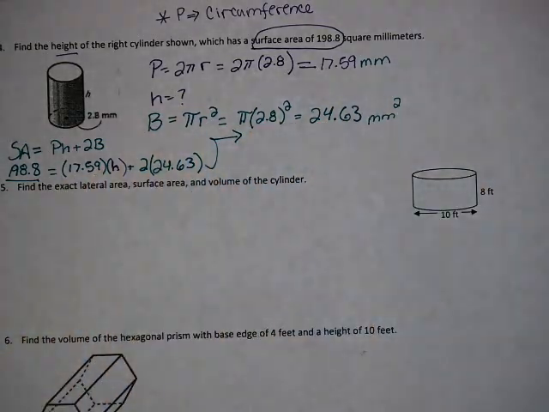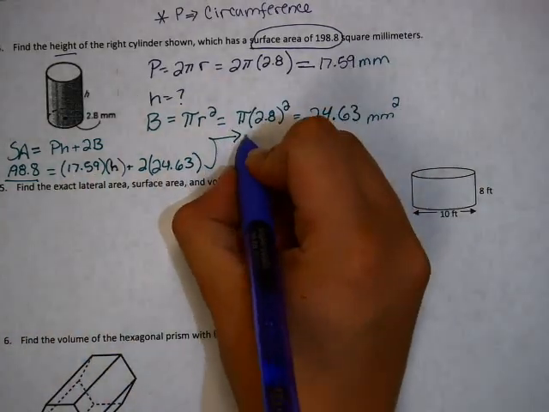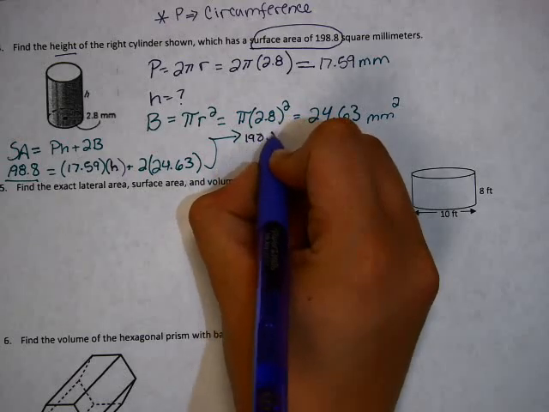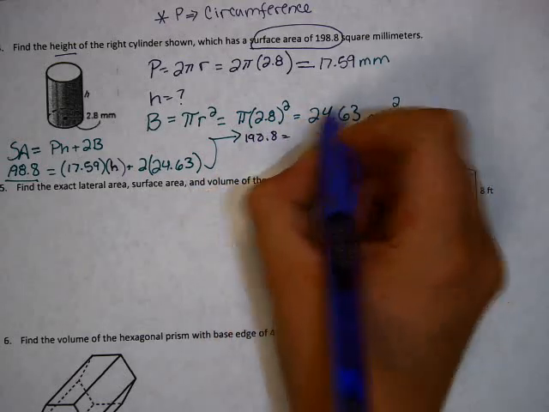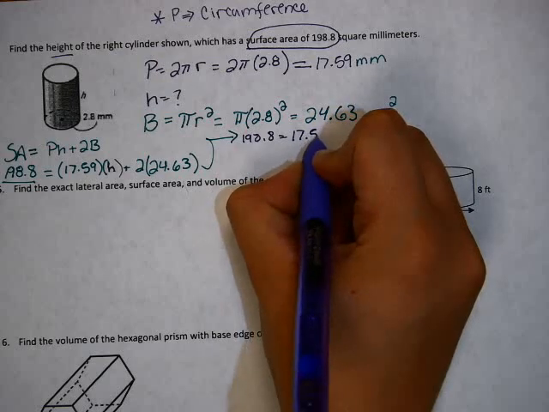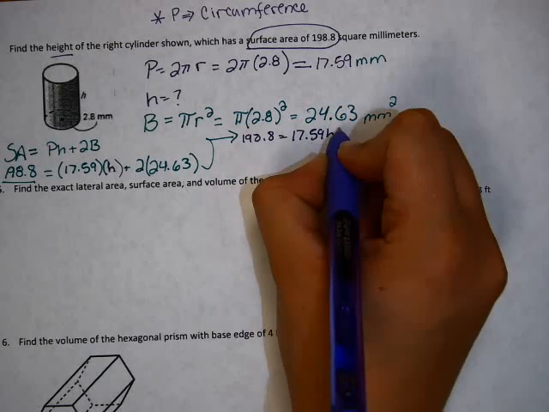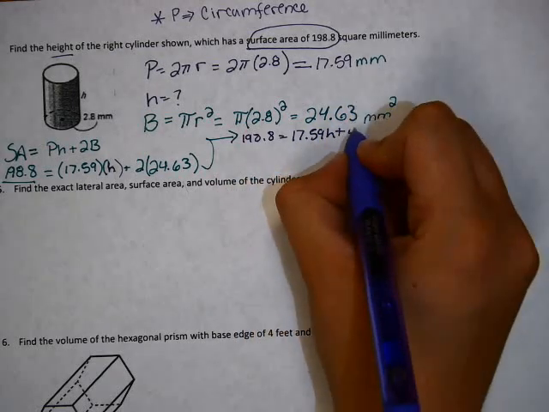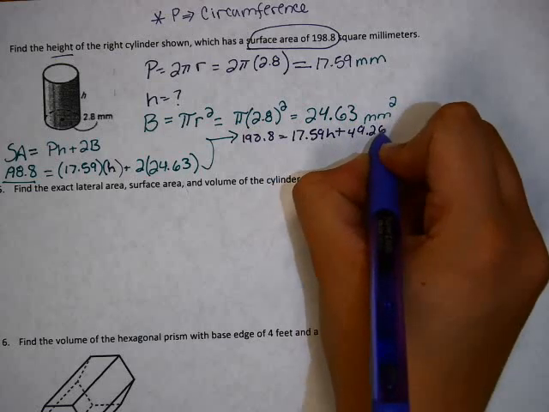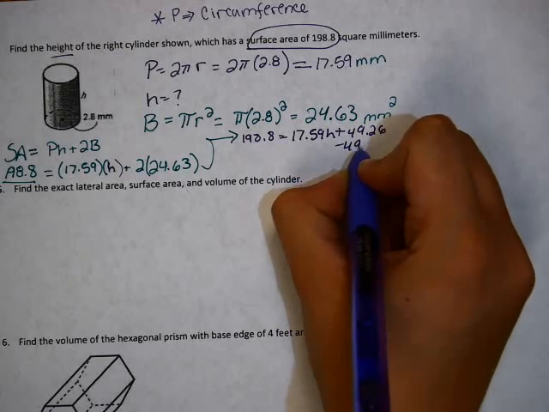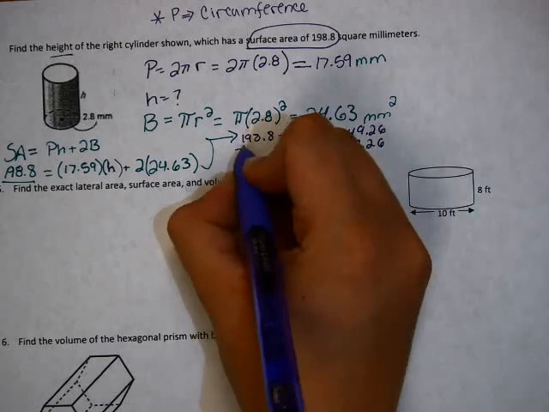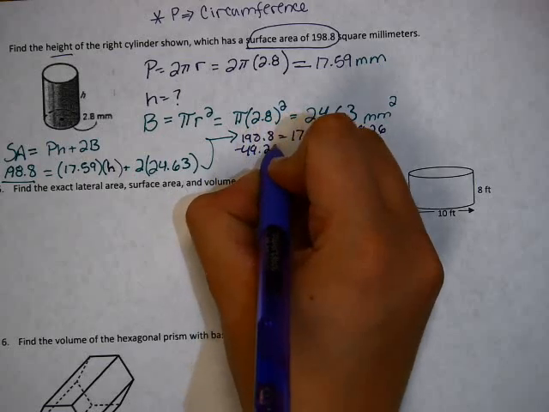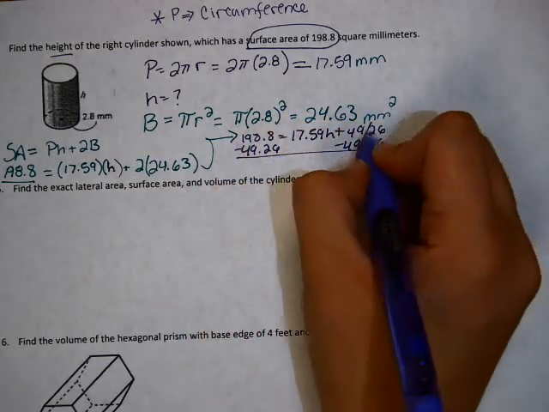Okay, so I have 198.8 is equal to 17.59 h plus 49.26. So if I subtract 49.26 from both sides, it's just algebra from here.